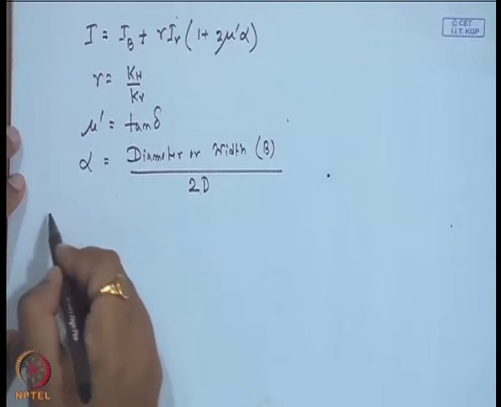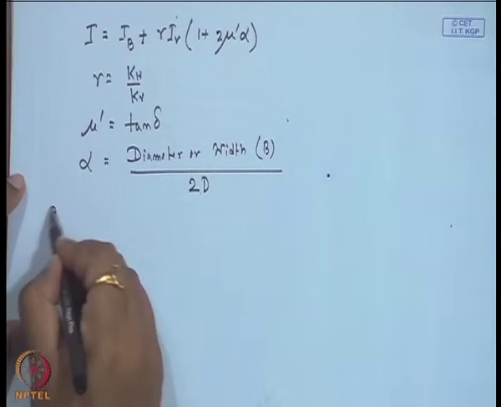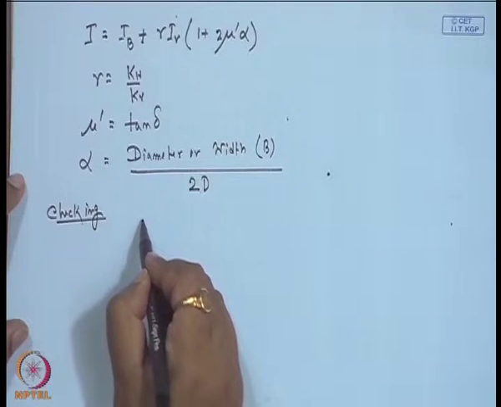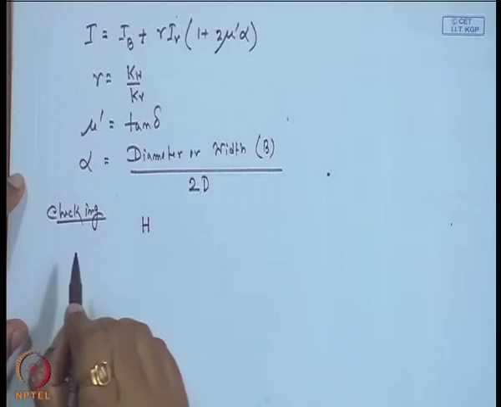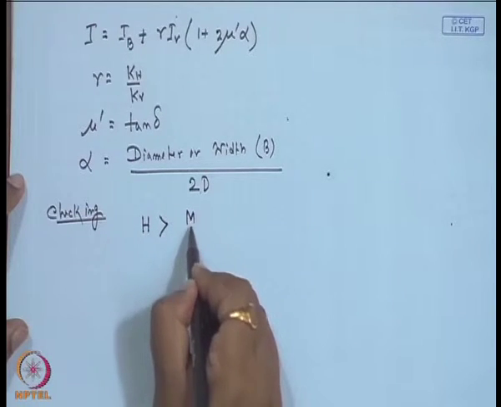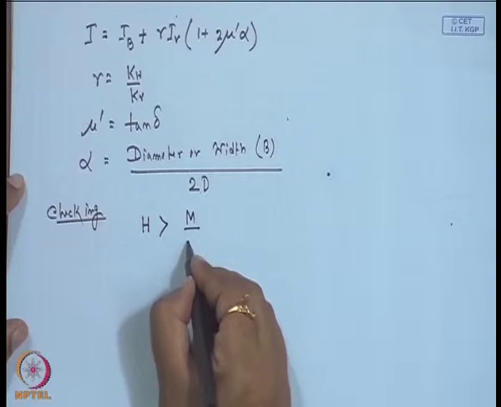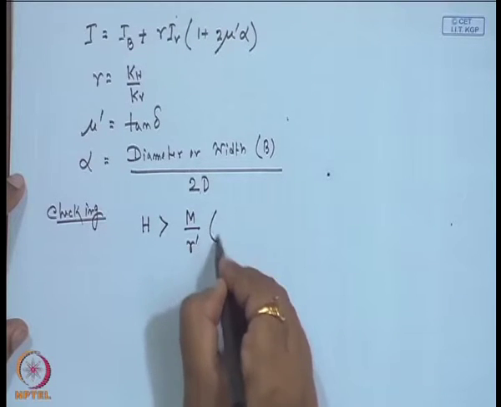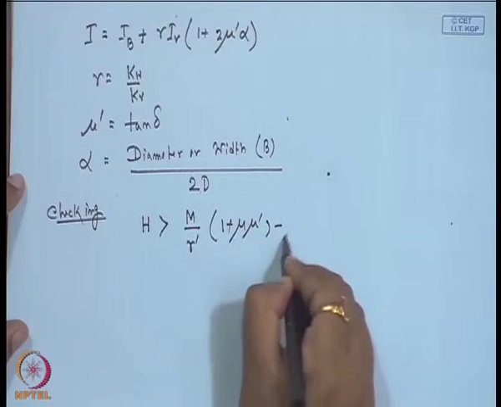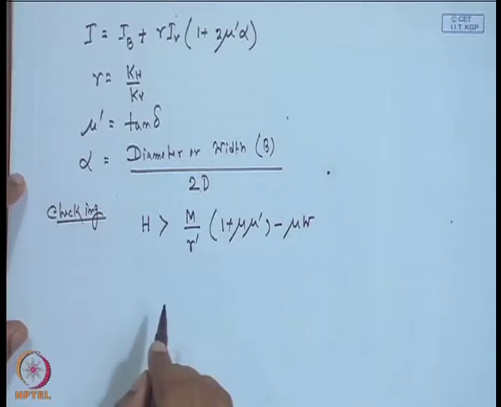And for checking, once you calculate this I value, you have to check whether the horizontal force H should be greater than the moment acting divided by R dash into (1 plus mu dash minus mu w).